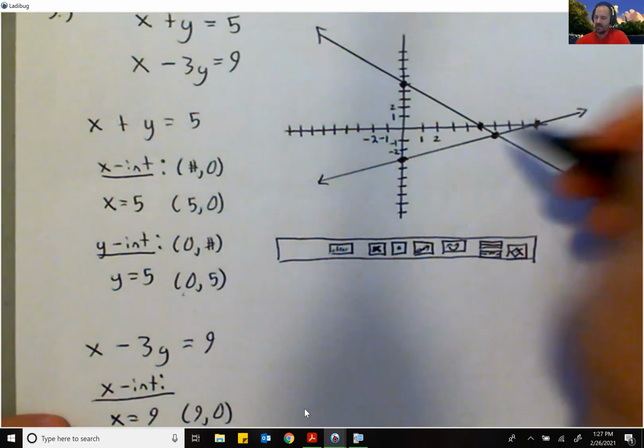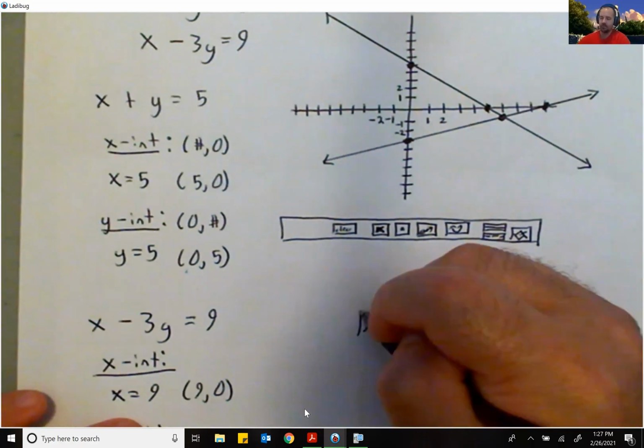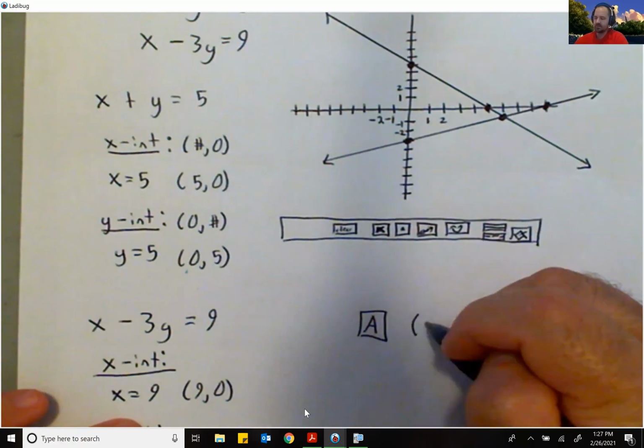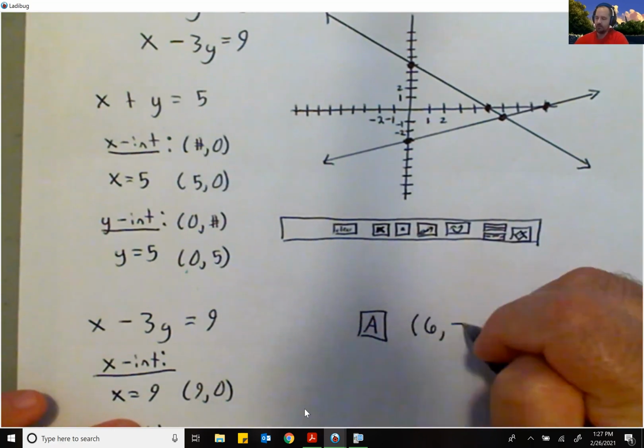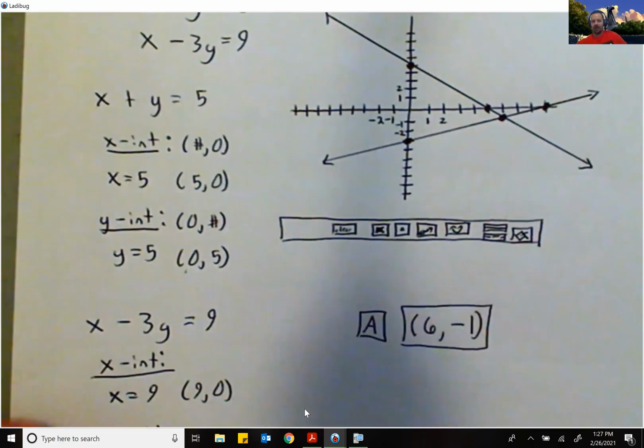And that's the answer we want. So you will select A because it's 1 solution, and the point is 6, negative 1. And that's what the graph will look like. Are you doing that graph on your own? No, you're using MyMathLab. MyMathLab has a built-in graphing system.